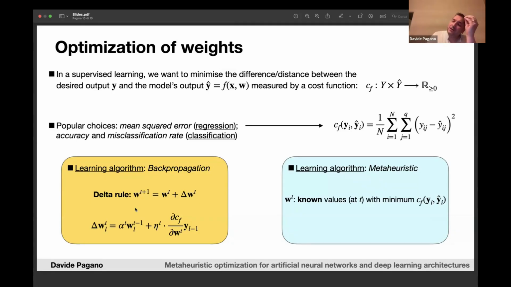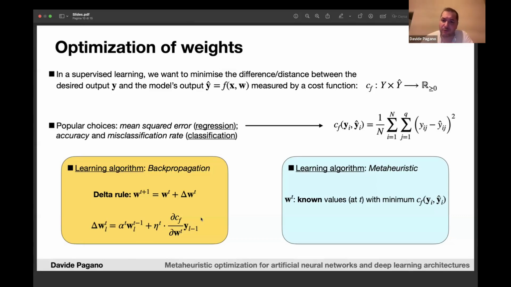Now the backpropagation, probably you already know it, is a first order gradient descent where the error computed at the output layer is propagated back to the hidden layer. If we choose the backpropagation, this is the way we update the weights. Alpha and eta: eta is the learning rate, alpha is the momentum factor.